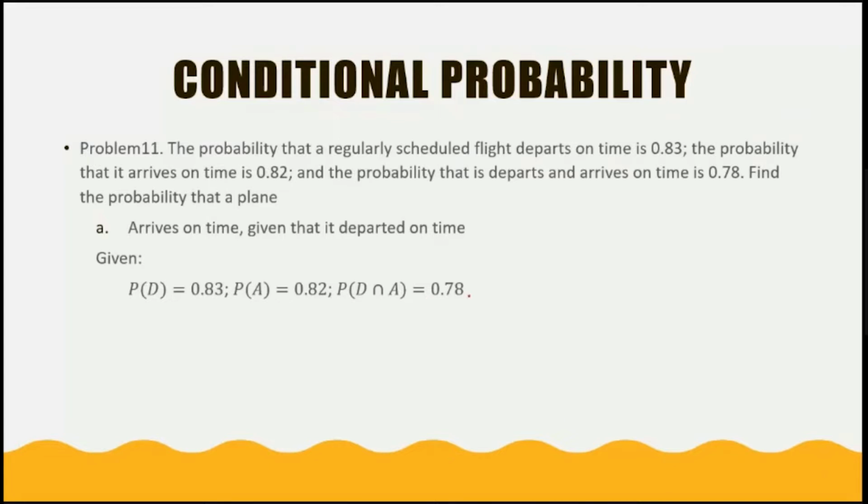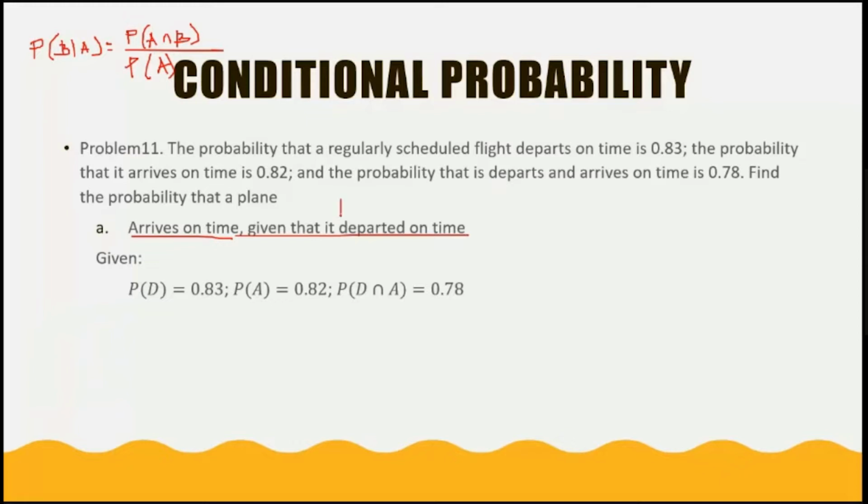So going back to our definition, the probability of B given an A event is equal to the probability of their intersection divided by the probability of the condition. That's the probability of A. So for this case, we want the probability that it arrives on time given that it departed on time.